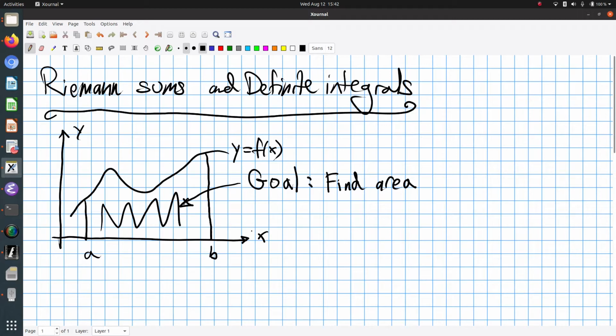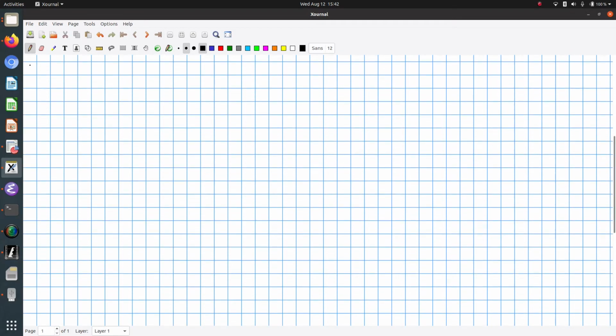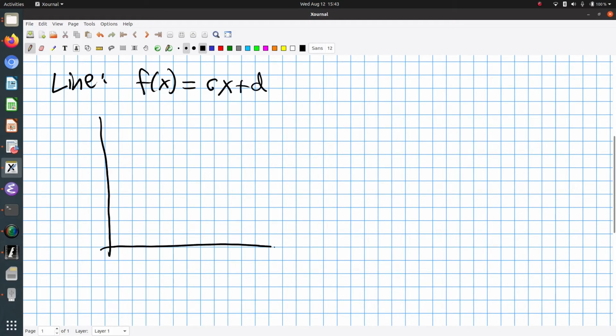Now, in some cases, it's pretty easy to find because, for instance, if your function is a line, some kind of linear function, f of x is equal to cx plus d, then the plot becomes a bit like this.